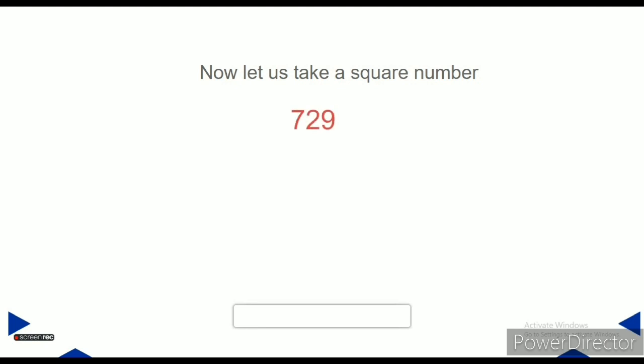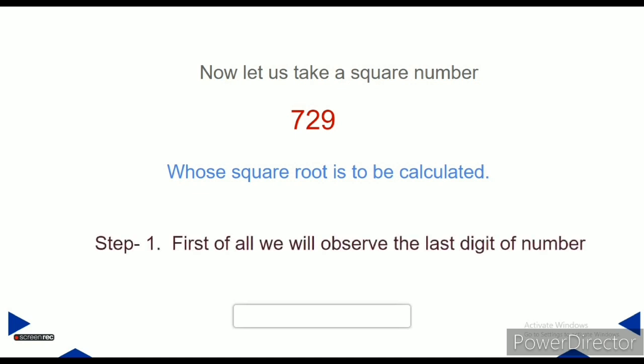Let us take a square number, that is 729, whose square root is needed to be calculated. Step 1 is, first of all, we will observe the last digit of the number.